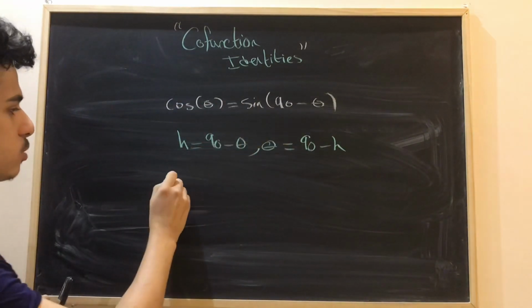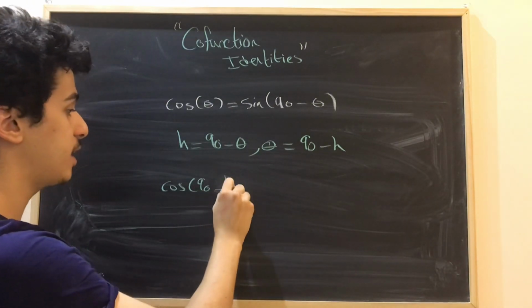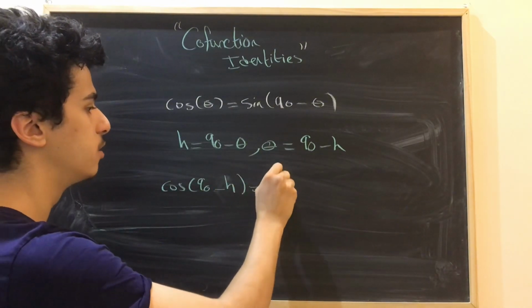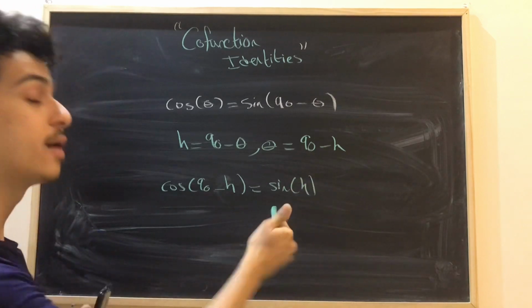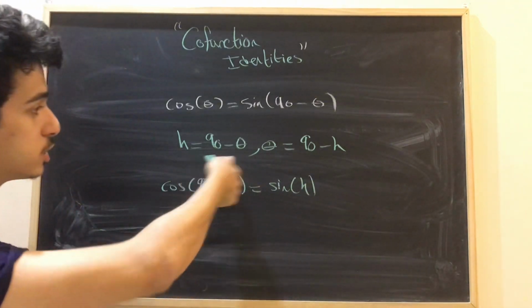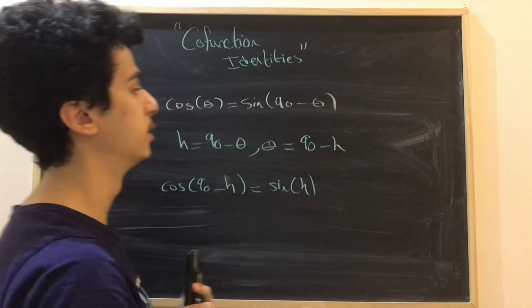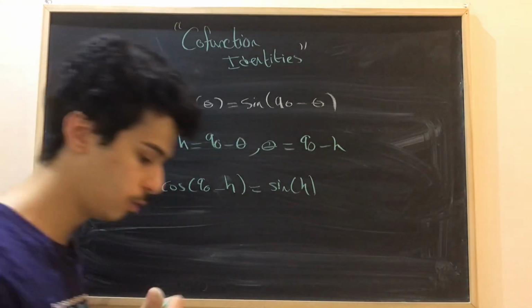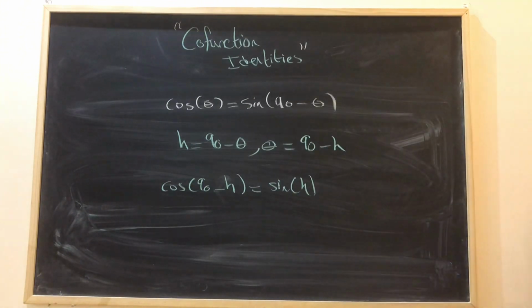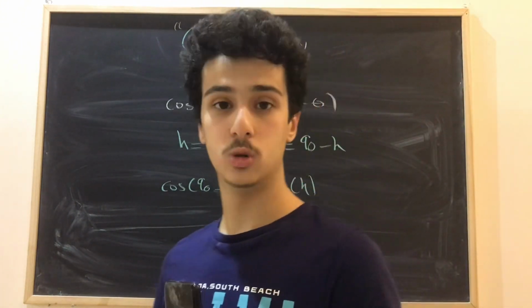So replacing these, we'll get cosine of 90 minus h is equal to sine of h, and now we have it the other way. Since theta spans all the real numbers, h will also span all real numbers, and we have proven all cofunction identities. Well, all of them that include sine and cosine.